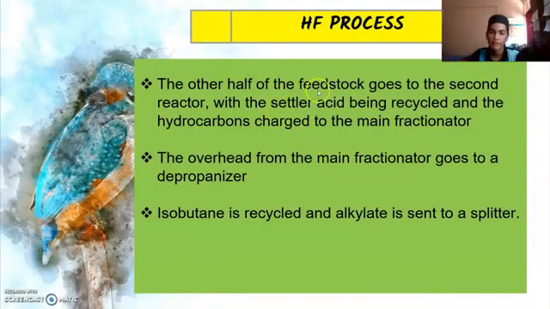The other half of the feedstock goes to the second reactor, with the settler acid being recycled and the hydrocarbon charged to the main fractionator. The overhead from the main fractionator goes to the depropanizer. Isobutane is recycled and alkylate is sent to the splitter. The fractionator, if you don't know, is the butanizer and the isobutanizer.